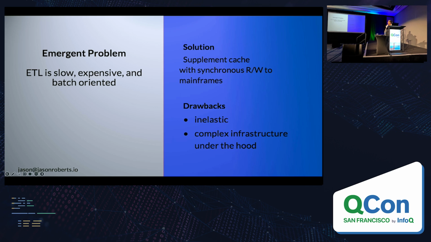For most critical use cases, applications would have to make synchronous calls to the mainframe, thus bypassing the two data stores that it did ETLs to, because neither of them could guarantee freshness of data. What this resulted in is a highly elastic source tightly coupled with an inelastic source and also a complex infrastructure under the hood.